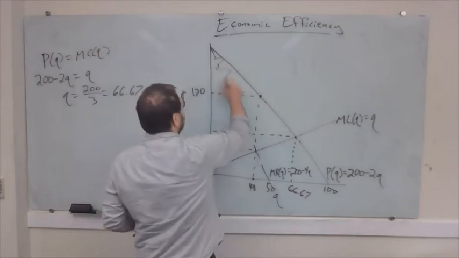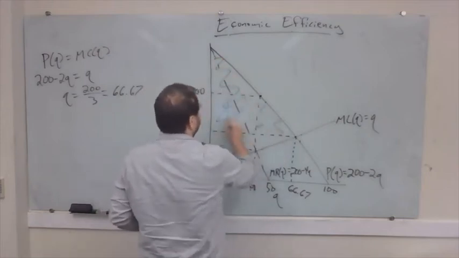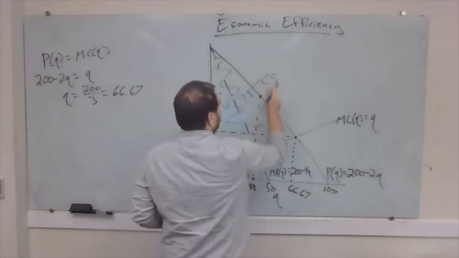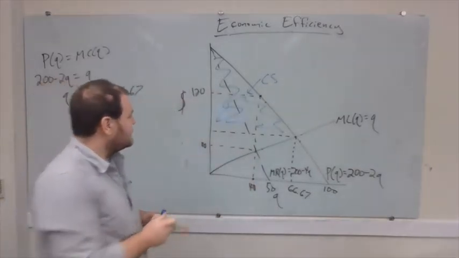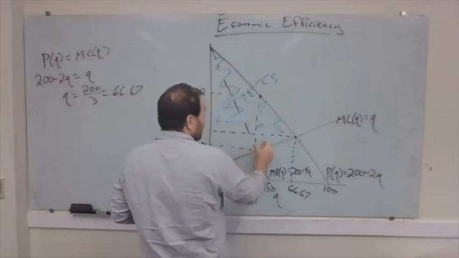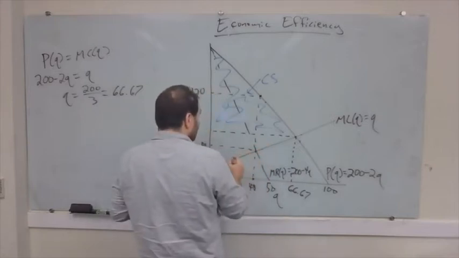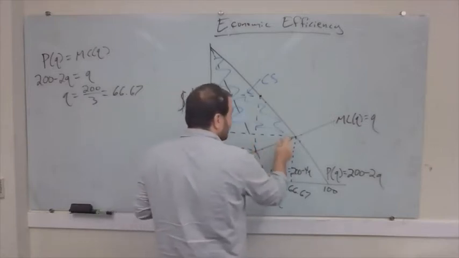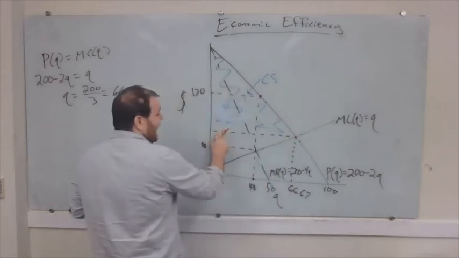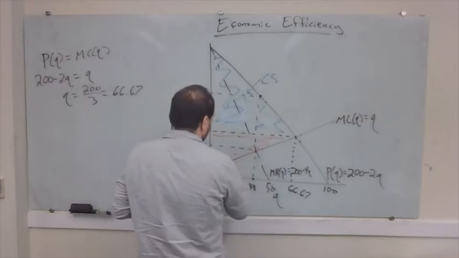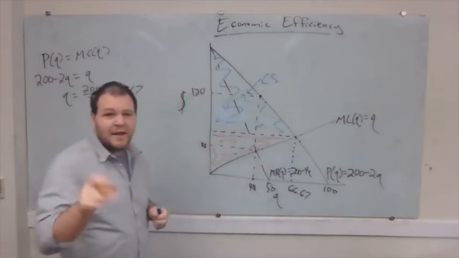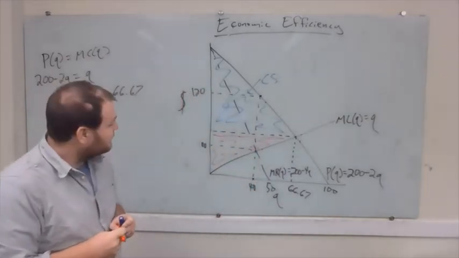So consumer surplus would be this whole area here. And producer surplus would be the difference between the price at which the producer would be willing to accept, right, their marginal cost, and the amount that they actually sell the unit for, right? So producer surplus would be all this right here. For now, we're going to pretend that fixed costs aren't something to worry about, right?